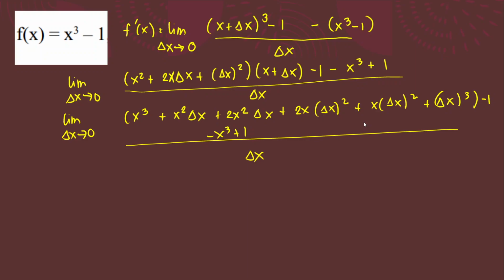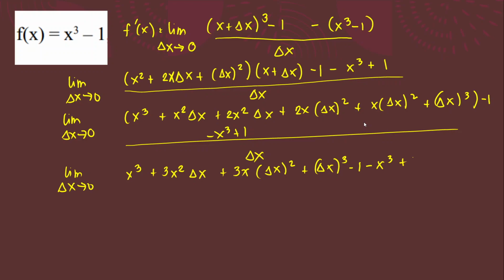Okay, ayusin natin. Limit delta x approaches 0. X cubed, x squared, o magiging 3x squared delta x. Ito rin magiging 3x delta x squared plus delta x cubed minus 1 minus x cubed plus 1, all over delta x.